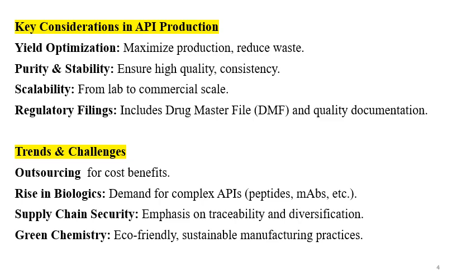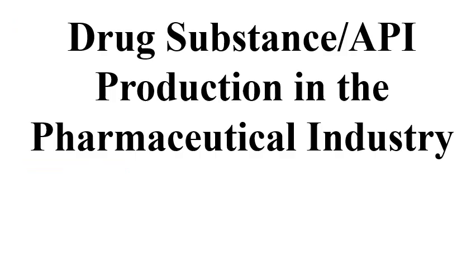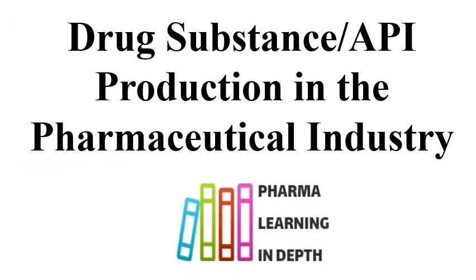Green chemistry involves eco-friendly, sustainable manufacturing practices for the APIs. So this is the short video on drug substance, active pharmaceutical ingredient production in the pharmaceutical industry. Always have a good understanding about API production, API properties, and how these affect the finished formulation.